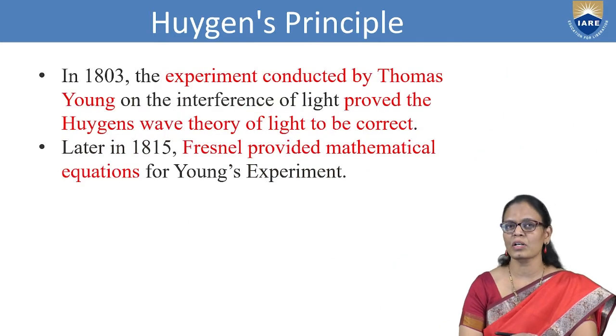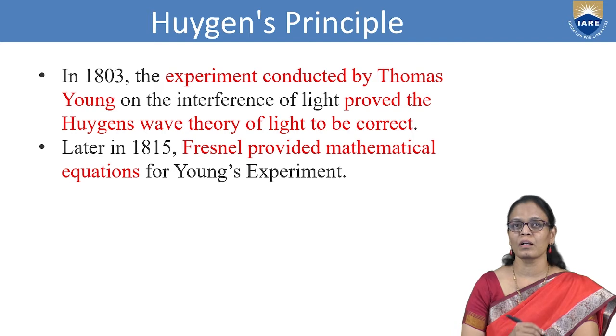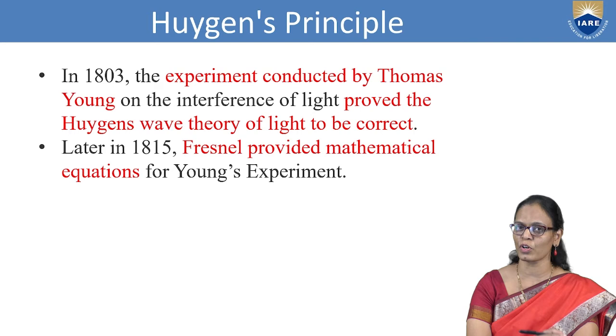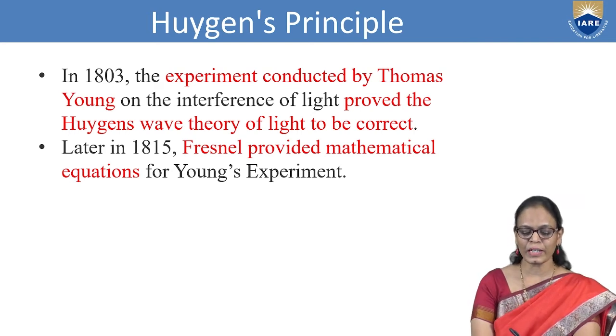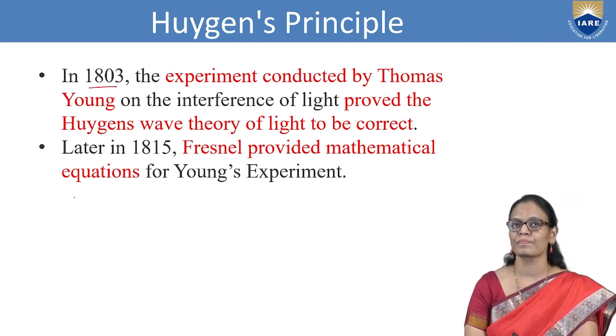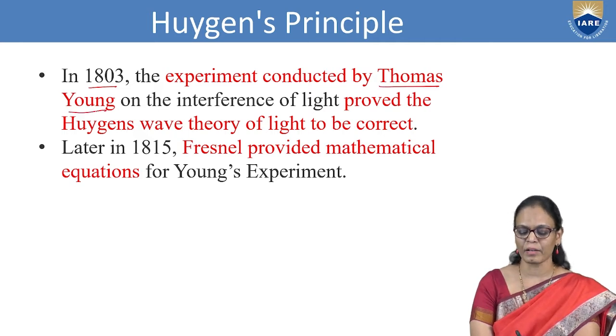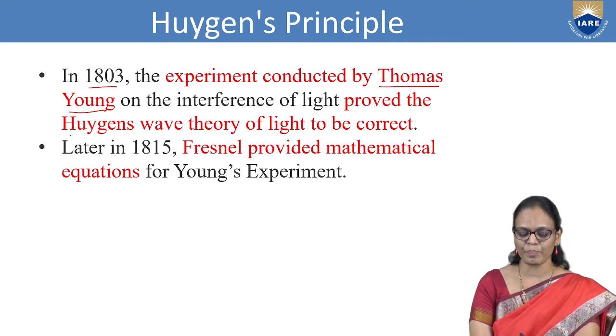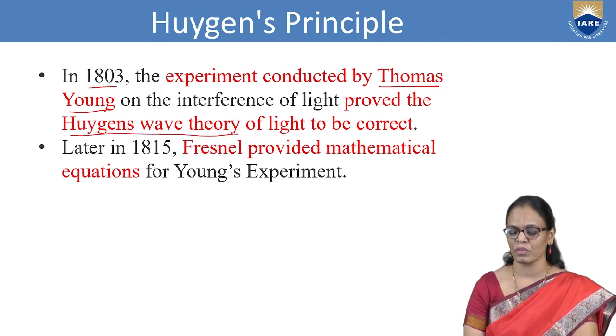Now, whenever we talk about a theory, if you are putting forward a theory, you should be able to give the mathematical representation for that and also an experiment to support or prove what we are claiming. So, in the year 1803, the experiment was conducted by Thomas Young on the interference of light, and that proved the Huygens wave theory.